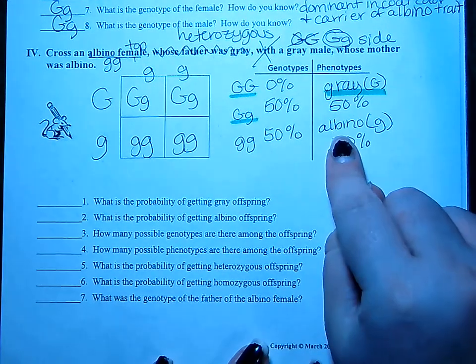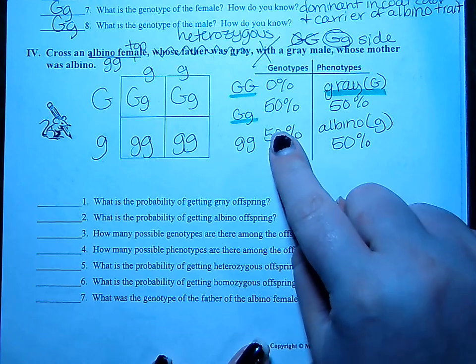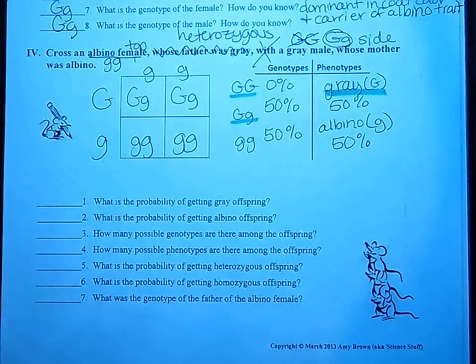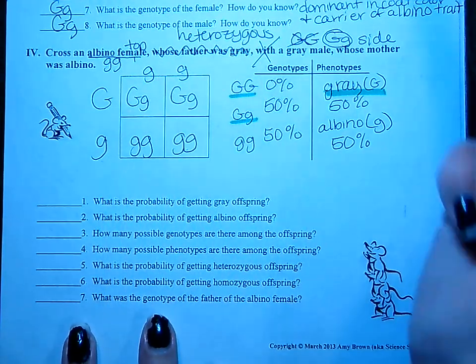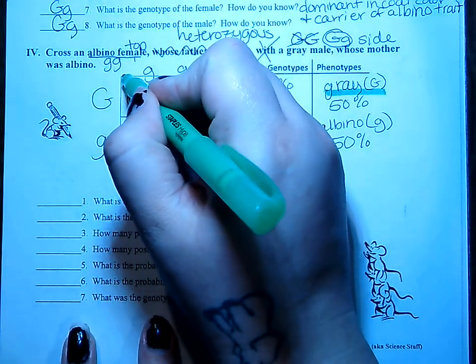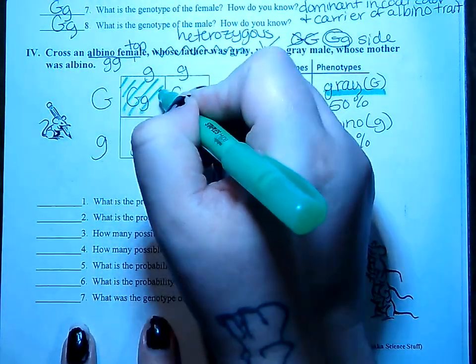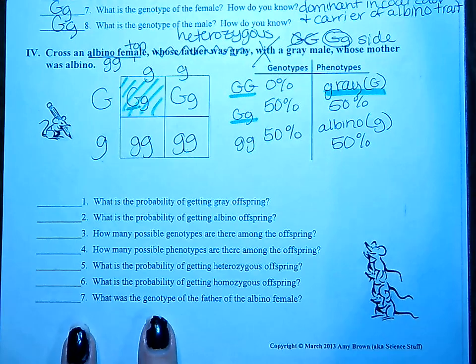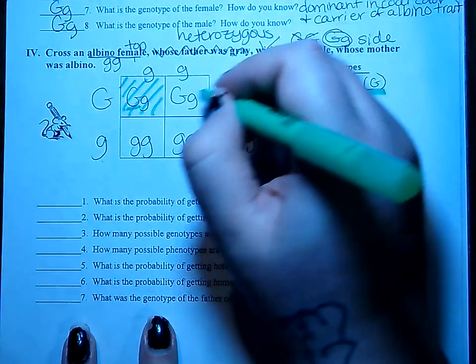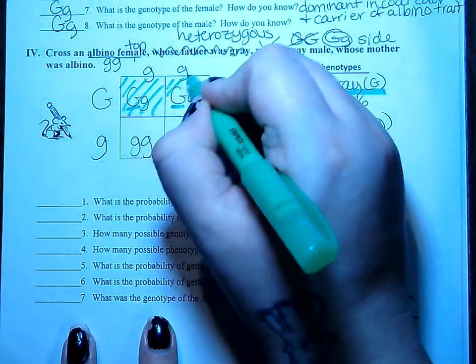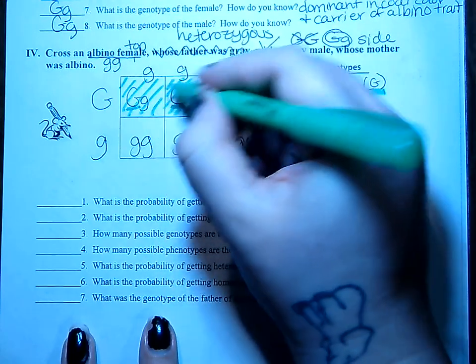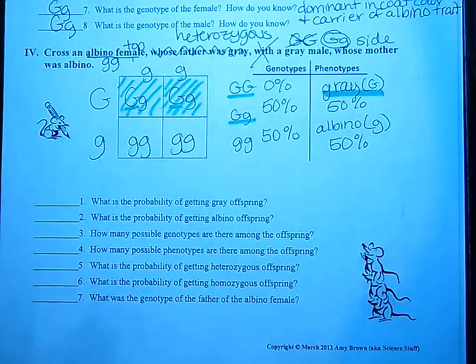So remember, if that's 50, albino will be 50%. Judging by our Punnett square, we could also shade in this way. We have 1 dominant present, which still counts, and here we have another one. So 2 out of 4, 50%.